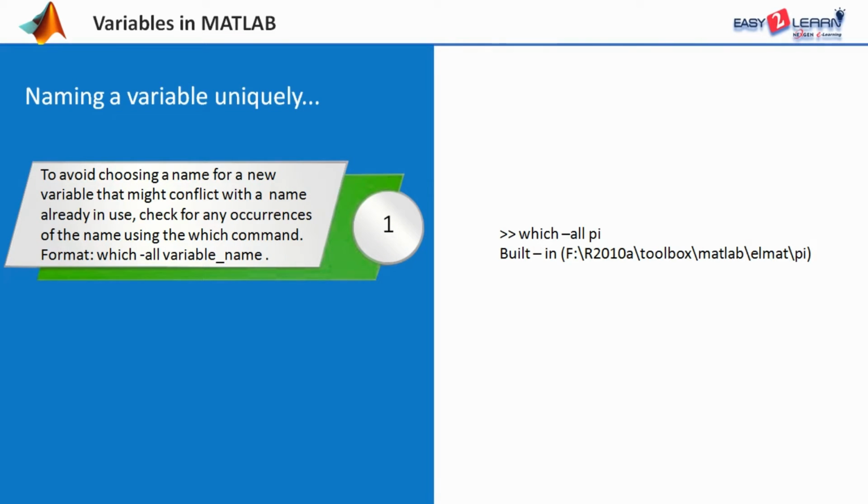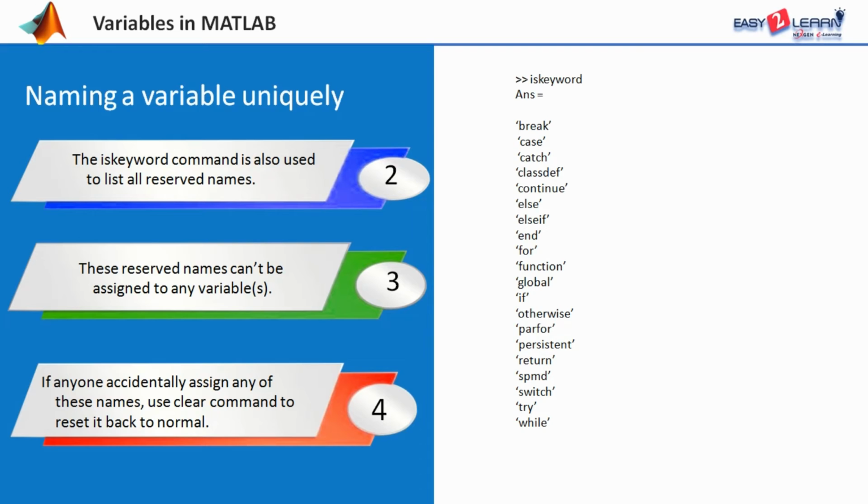So you can search for the occurrences of the names which are already in use in MATLAB, for example, which space dash all space pi. This will show you that this name is already in use within the software. The iskeyword command is also used to list all reserved names.